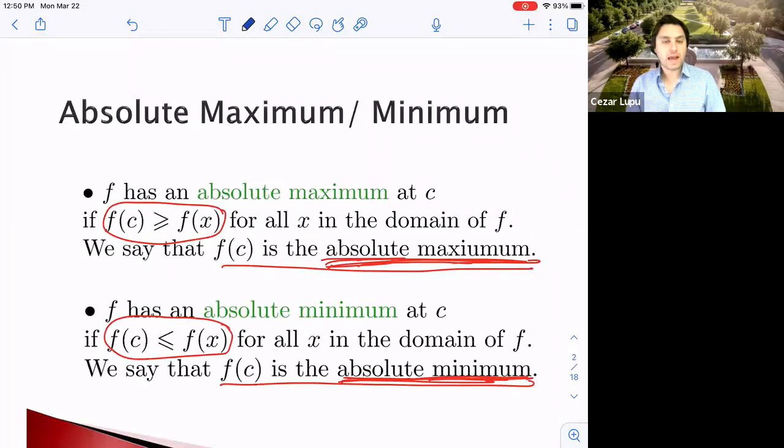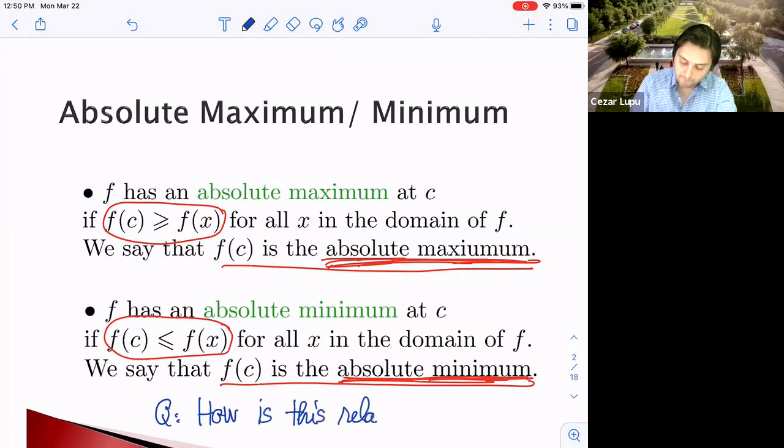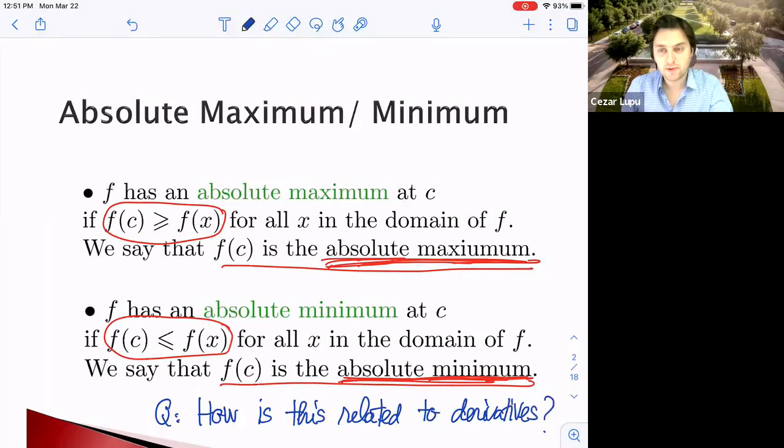So how do we relate these two definitions for absolute maximum and absolute minimum to derivatives? That is the question I need to answer, right?